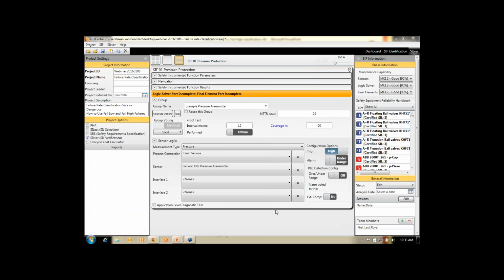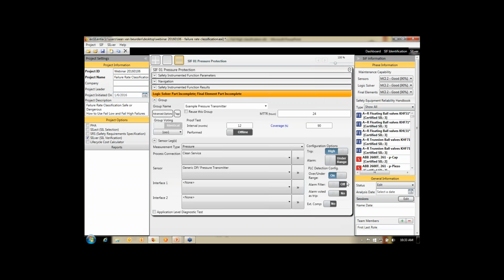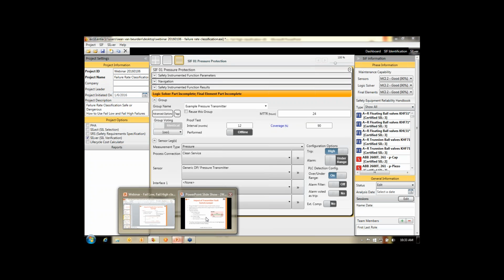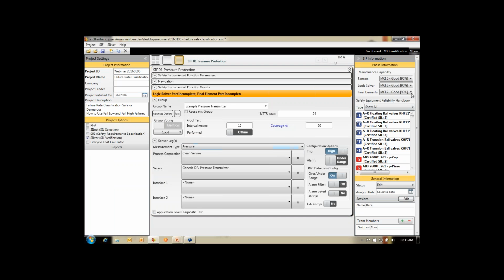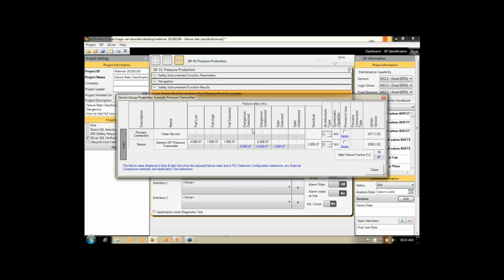All right. So now, let's say we have our PLC detection on. So what did that mean, PLC detection on? That meant that those outer range signals are now considered detected. All right. What happens to our failure rates?